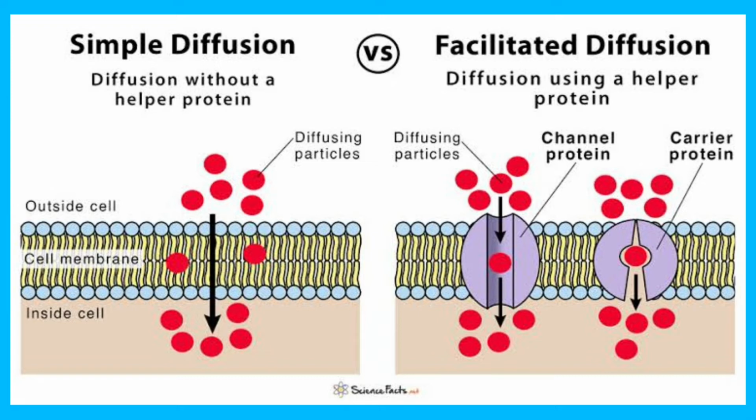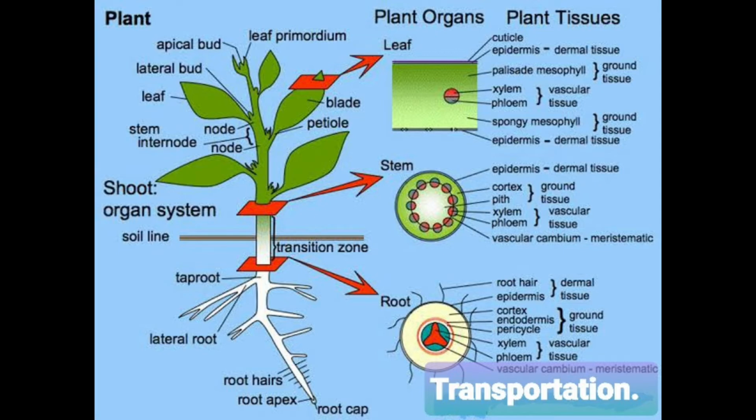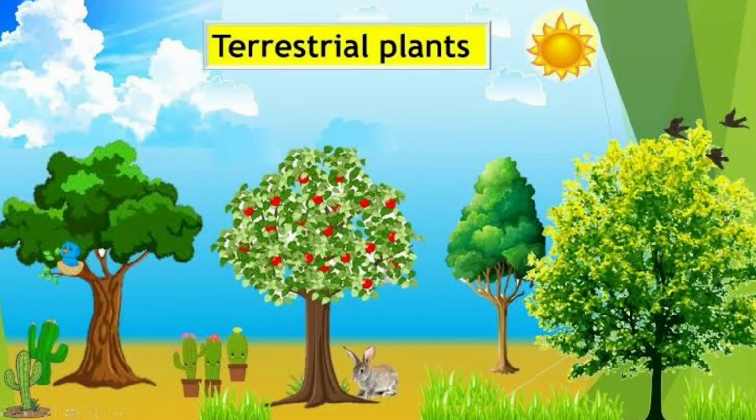Now we are moving towards another topic, plant relations with water. Water is the most important non-living element, without which no living organism can live on planet Earth. Take the case of terrestrial plants, the plants which live on land.